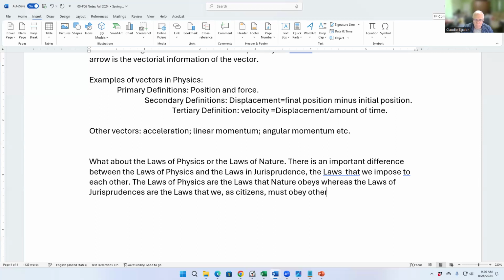Otherwise we can get into trouble. Do you see the difference between them?